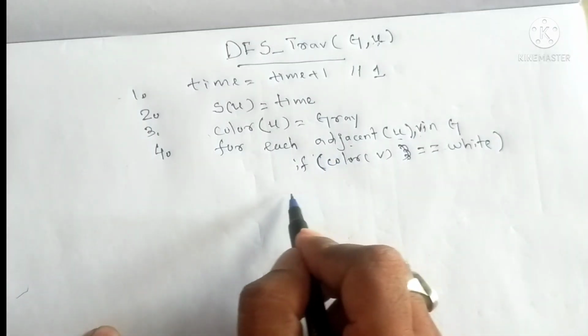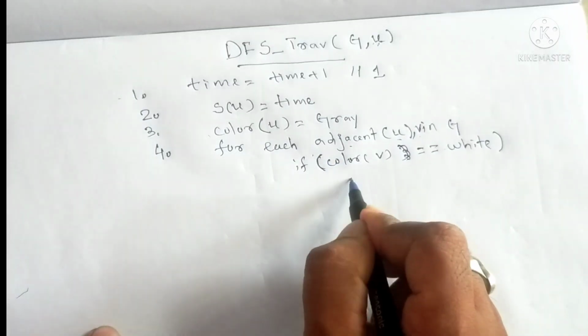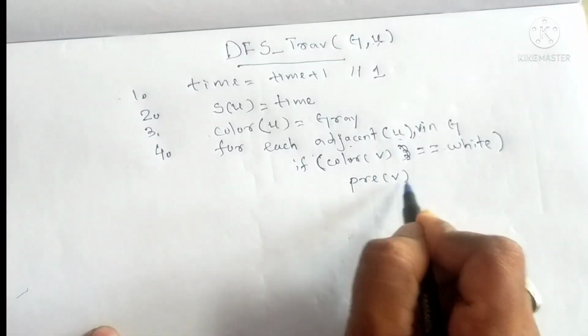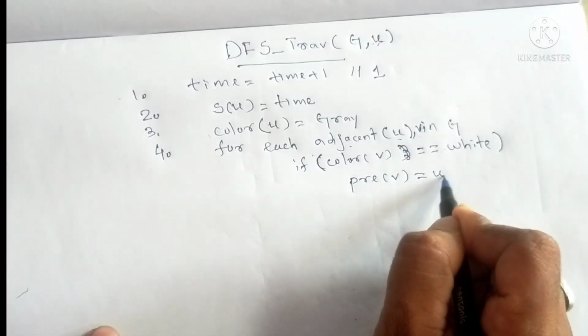then write the predecessor of V will be U. Why?